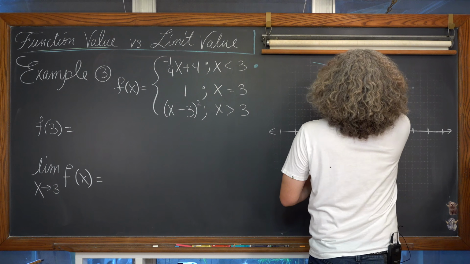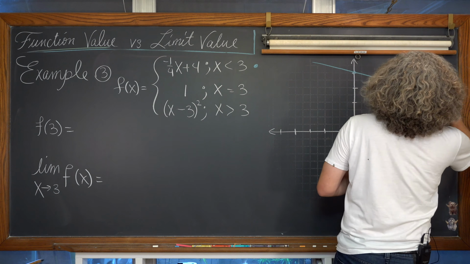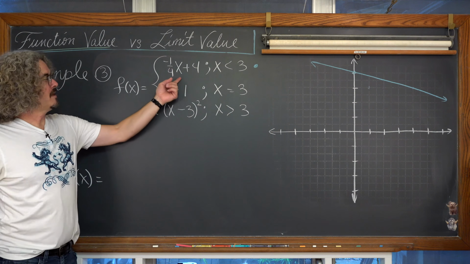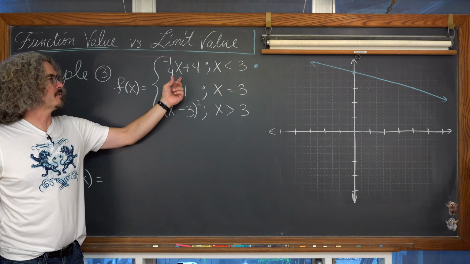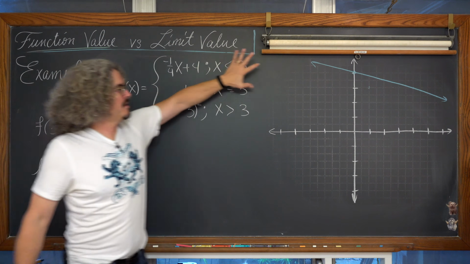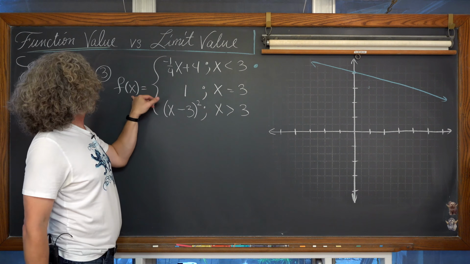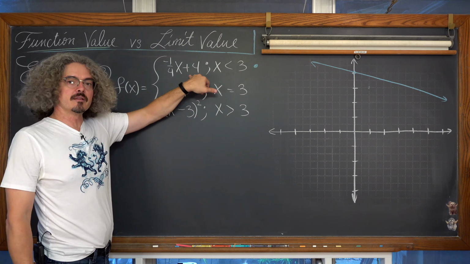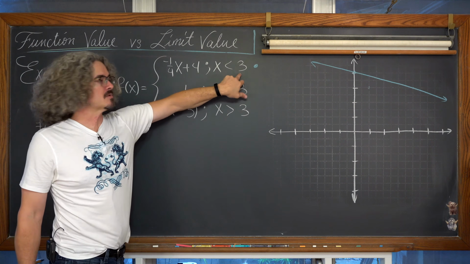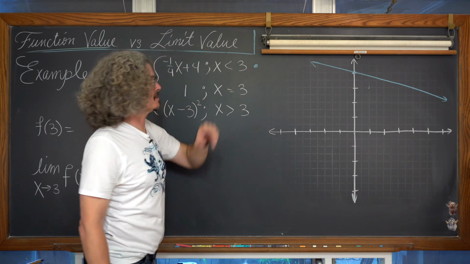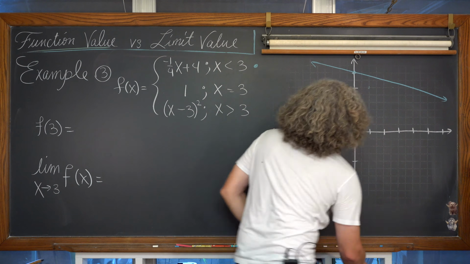So this is the graph, kind of, sort of straight, of y is equal to -1/4 x plus 4. But I don't want the entirety of this line. The piecewise function is only using the equation of that line when x is less than 3. So I don't want anything to go past the x value of 3, and there's no equal sign, so it's going to be an open dot.